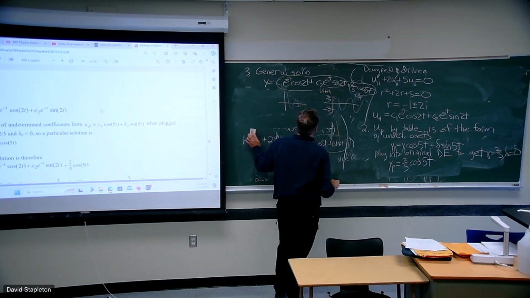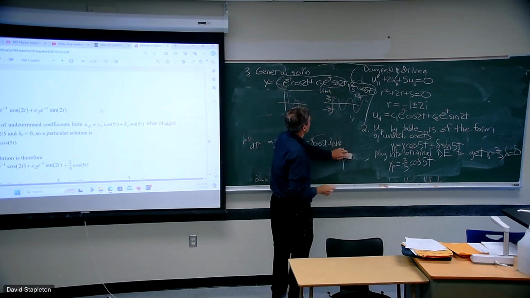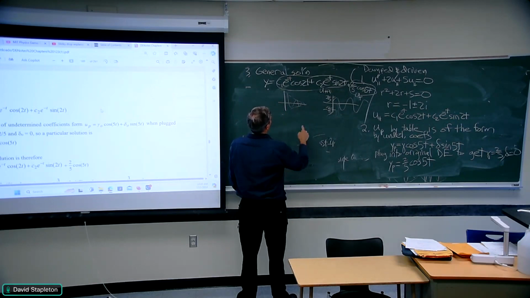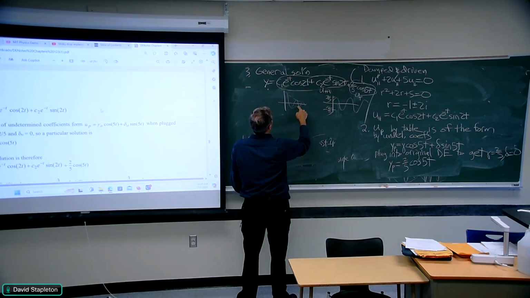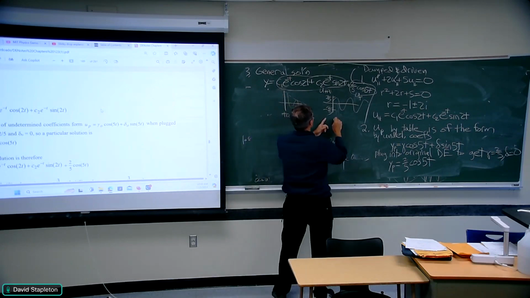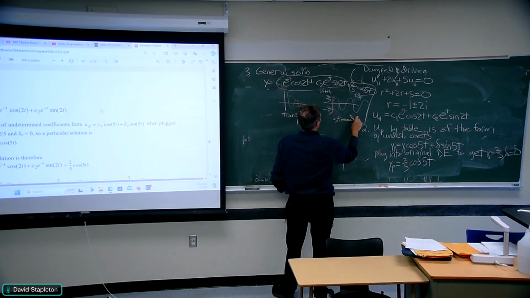And what happens when you sum these, when you have a damped and driven system, is that you get this transient part of the solution that damps out. That's the homogeneous solution, and you get this steady state sine wave.